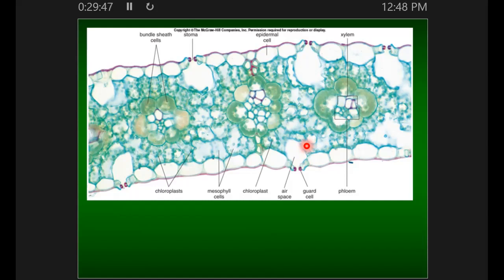I'll tell you right now, one way to identify a monocot is when you cut a leaf in cross section, as you see here, all the veins are coming out at you. They're all in the same orientation. That means all three of these veins are parallel to each other. That's a dead giveaway that you have a monocot. Monocots have parallel venation in their leaf. And we'll learn more about that as we get into leaf anatomy.